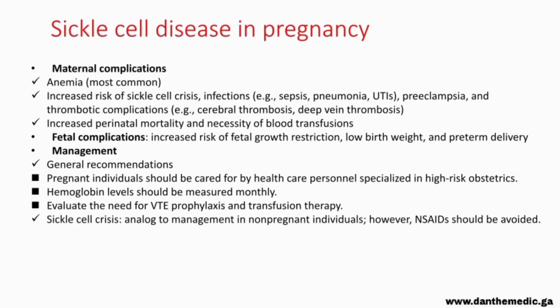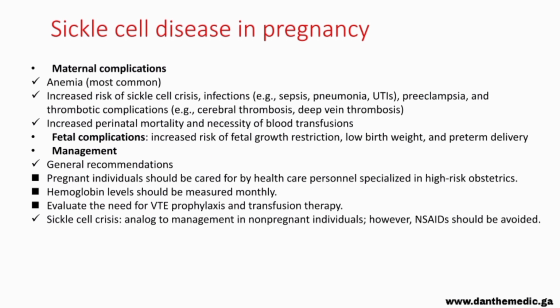Now, if conception still occurs and the mother is maybe a carrier or a sickler, what are the complications that can affect the mother? There can be anemia, there can be increased risk of sickle cell crisis, also increased risk of infections. There's increased risk of preeclampsia and thrombotic complications.